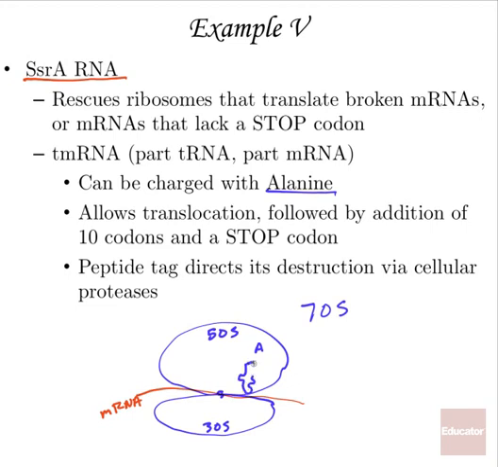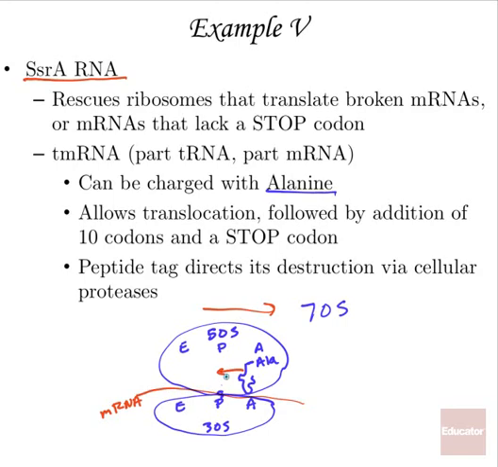Okay, and it can be charged with an alanine. It can come into the A site, allow translocation. So go to that P site. So the ribosome will be going that way, which means that this will go to the P site.